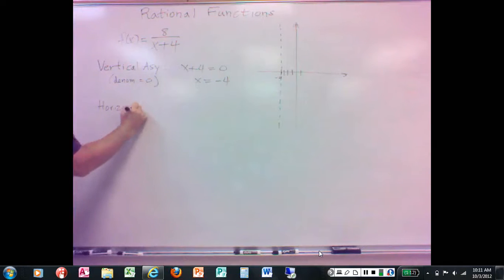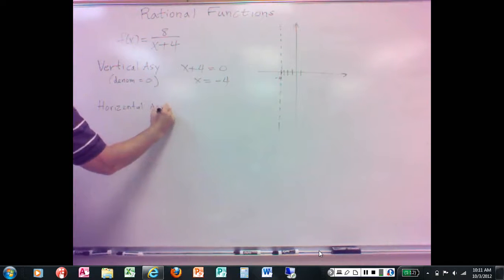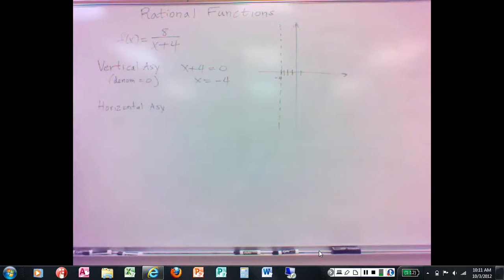All right, the horizontal. Well, if we have the same degree on the top and the bottom, numerator and denominator are the same degree, we do y equals a over b. However, as this is, are the degrees the same?